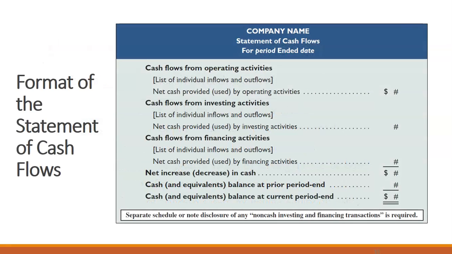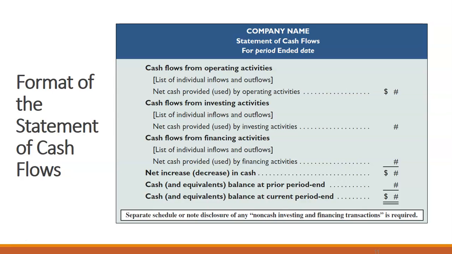When we create the statement of cash flows, we start with the operating activities section. We list the inflows and outflows of cash for our operating activities. Then we have our net cash provided or used by operating activities. Then is our investing activities section, followed by our financing activities section.